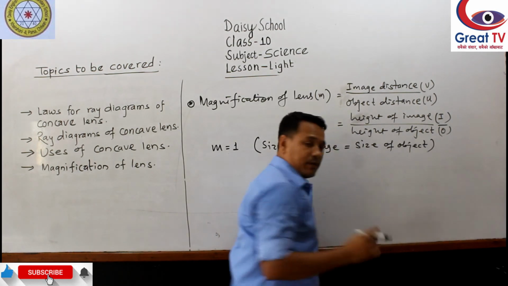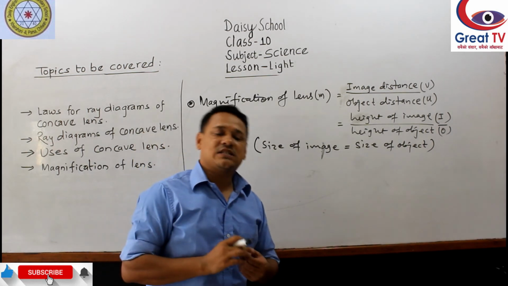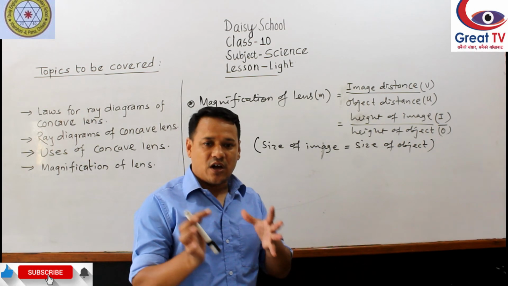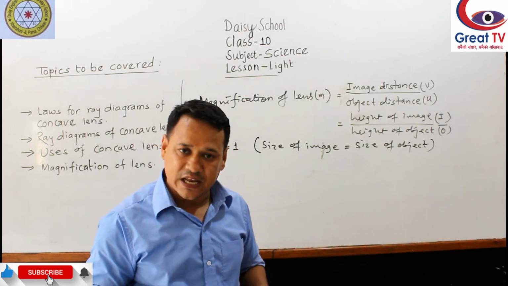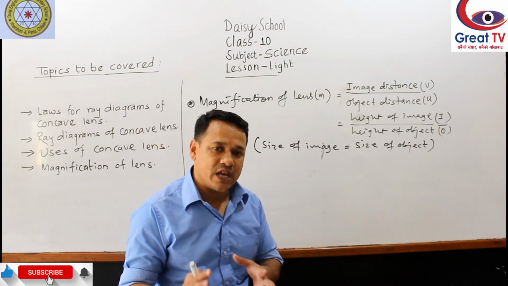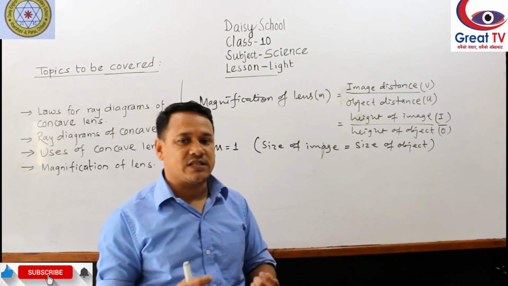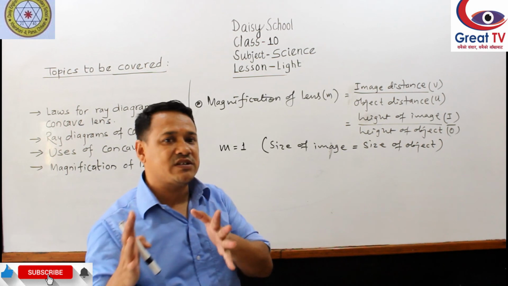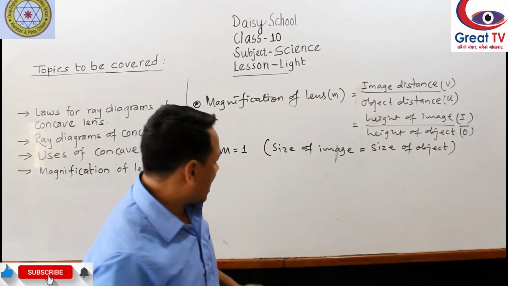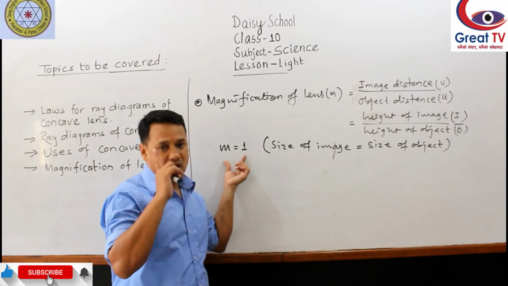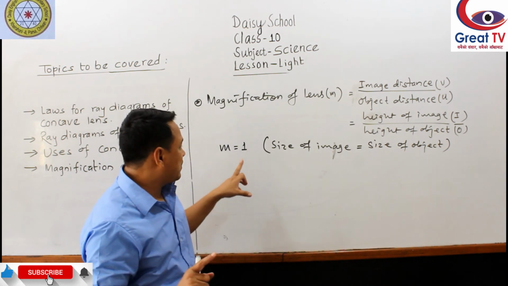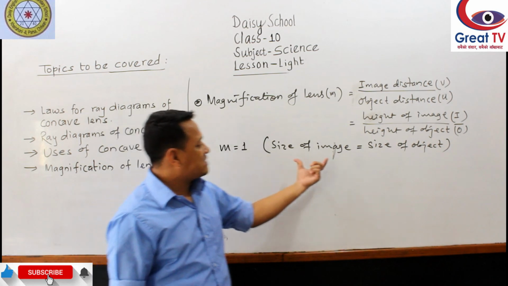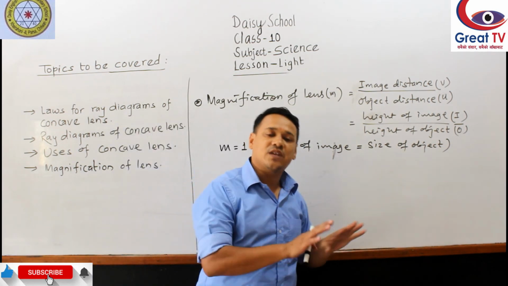Like when we keep the object at 2f of a convex lens, the image is also formed at 2f. That means object distance and image distance are equal. At that time, we get the magnification value 1. This means size of image and size of object are equal.